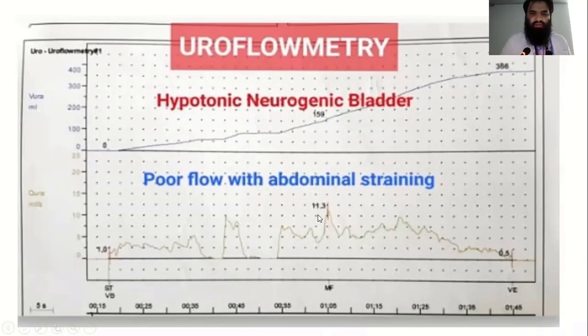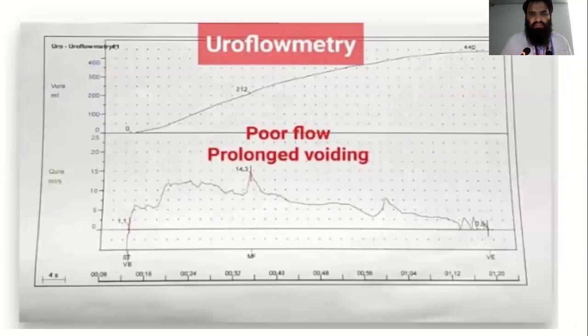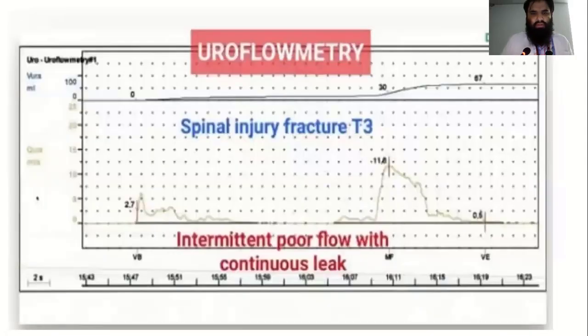The abdominal straining shown here is about 11.3 seconds. This is the poor flow with prolonged widening, and this is the intermittent poor flow with continuous leakage.